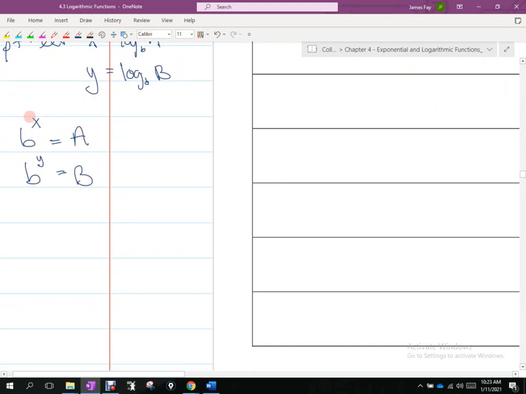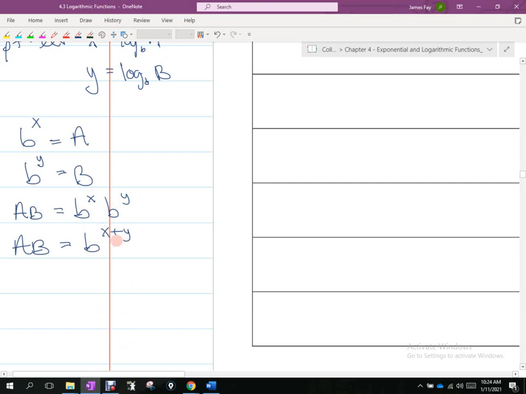Now that I've got A and B written in terms of b to the x and b to the y, if I take A times B, would you guys agree that is the same thing as taking b to the x times b to the y? Does that make sense? Okay. Would you guys agree that I'm multiplying like bases here? So AB could be rewritten this way. If I have like bases, what do I do with exponents? Add them.